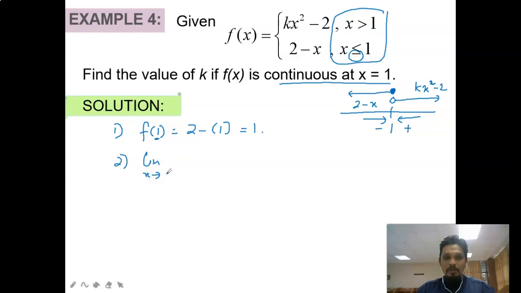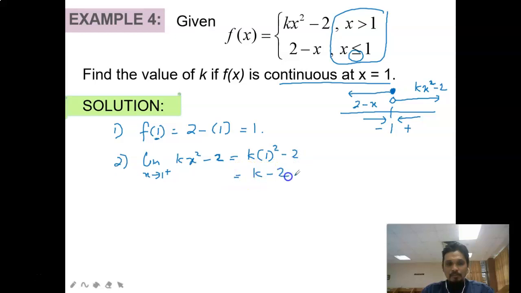Limit x approaching 1 from right side of kx squared minus 2. Okay, so just imagine that when x approaching 1 from right side, getting very close to 1 from right side. So we just assume that x equal to 1, not exactly 1, but assume this is 1, then k minus 2.